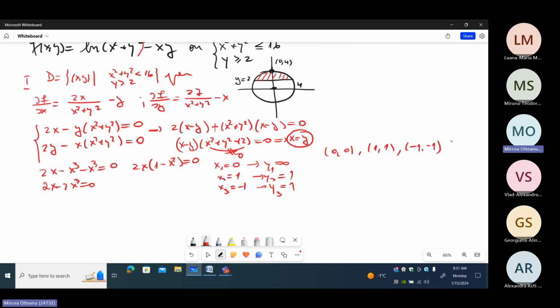But attention, none of them belongs to D, because in D, y must be greater than 2. And as you can see here, y is 0, 1, and minus 1. So all these points are actually below the straight line y equals 2. Is it clear what I'm trying to say?